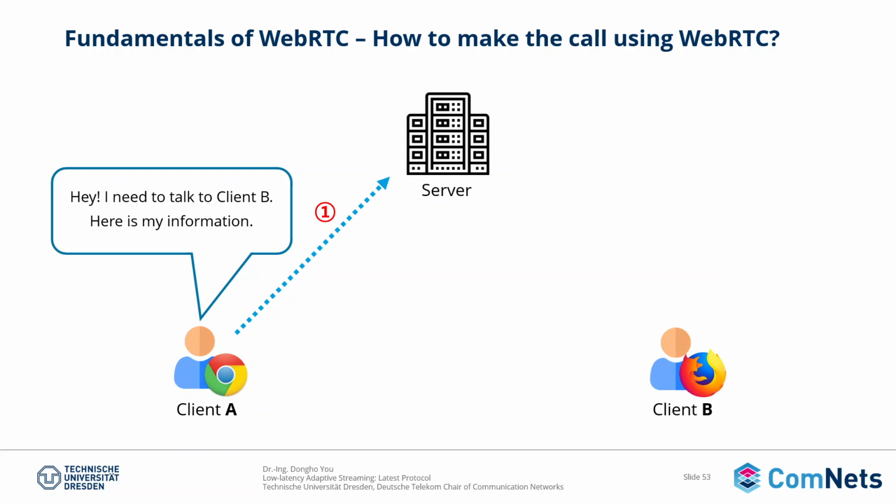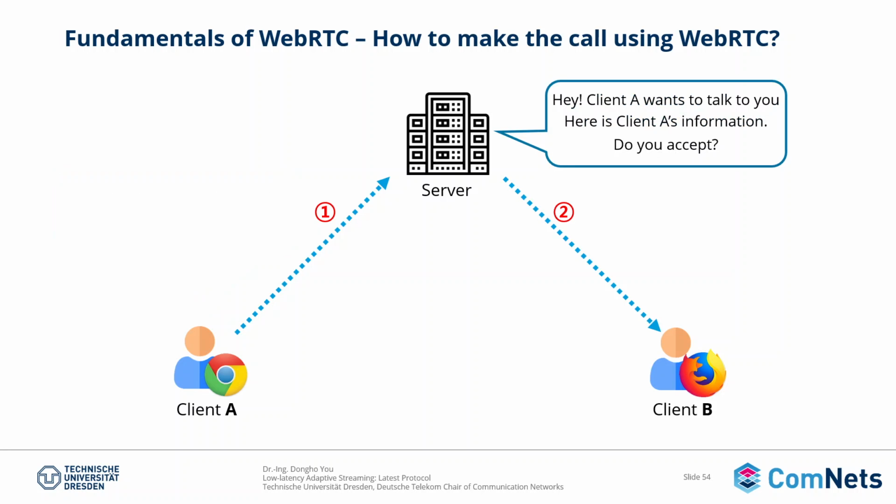So now let's look at more details about how to make a call using WebRTC. Actually, there are 5 steps. First, client A here uses Chrome. If client A wants to make a call with client B, client A has to send his information to the server. Like, hey, I need to talk to client B. Here is my information.